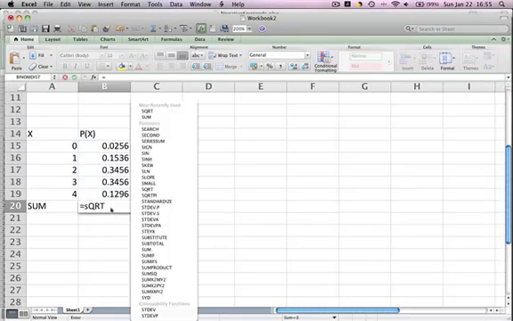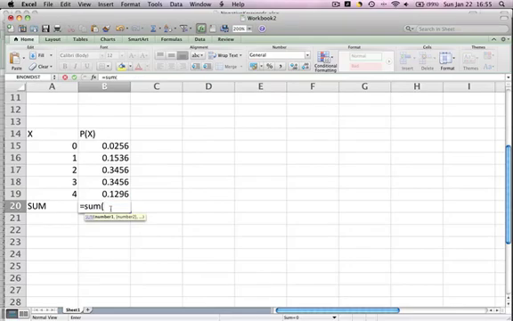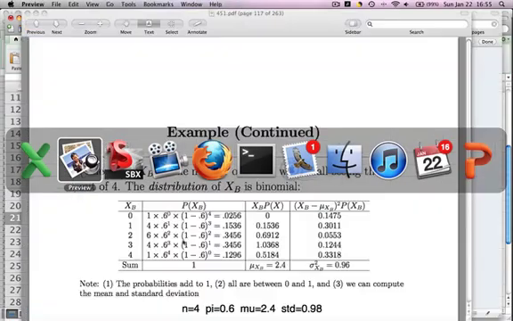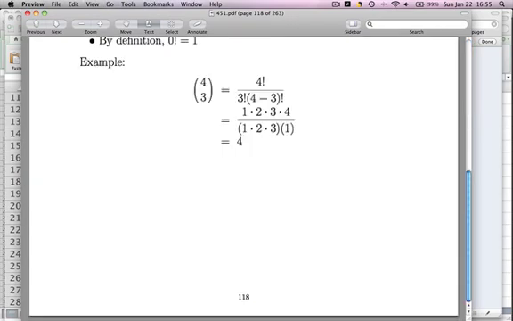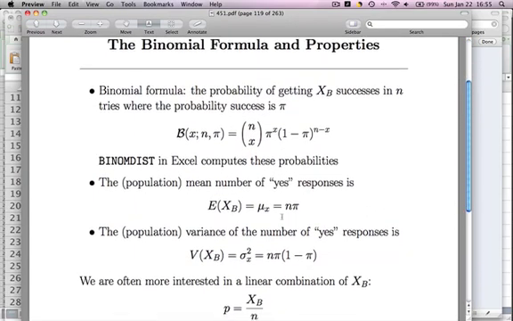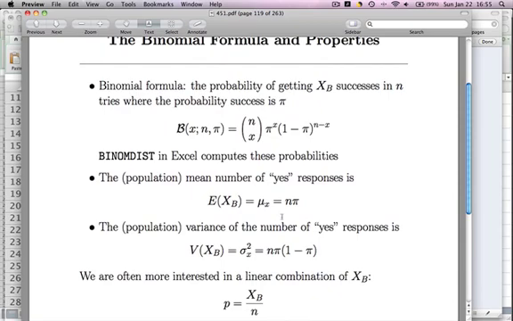And recall that if you add these up, you should be getting 1. So if we take B15 through B19, they should equal 1. So cool, we got 1. All right, so my point with this is that we don't need this messy formula because Excel will do the messy formula for us. It's doing exactly this formula.